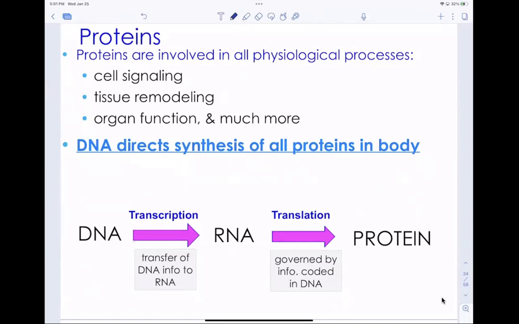And then that can compromise the structure of the protein, and that can then compromise the function of the protein, because the function of the protein is really based on the structure of the protein. And the structure of the protein is based on which amino acid is put next to which amino acid, and that is directed by the genes in the DNA strands. So really important that the DNA codes for the correct amino acids and synthesizes proteins correctly.